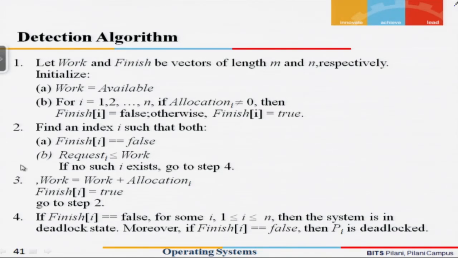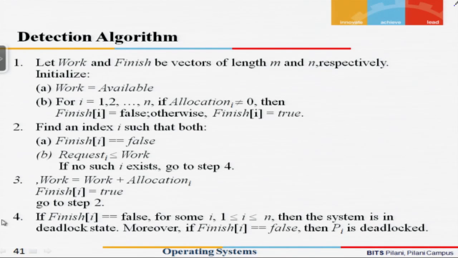So in this way we try to finalize this algorithm is executed. And finally, at step number 4, you can see that what we are doing is we are trying to say that if finish[i] is equal to false for some i.